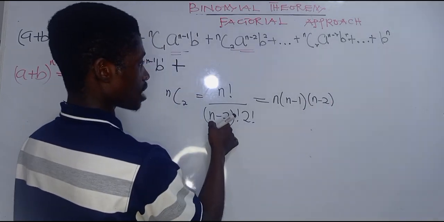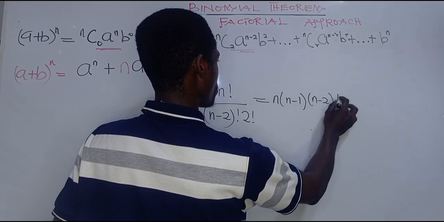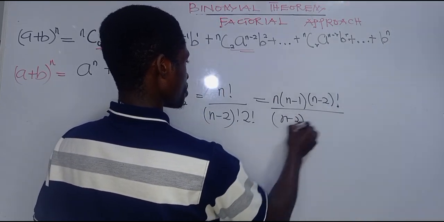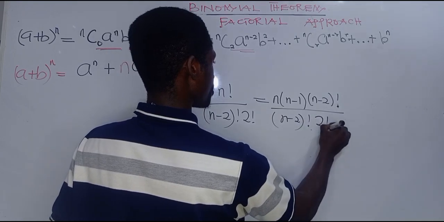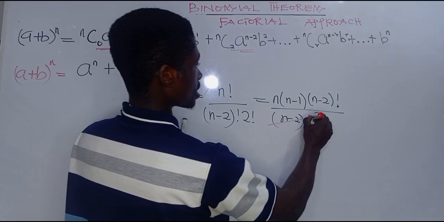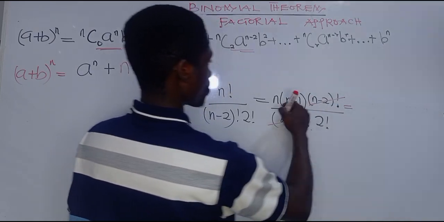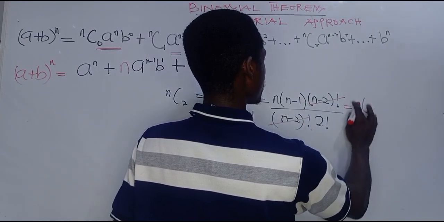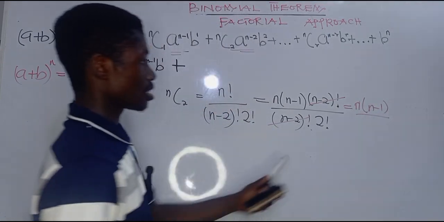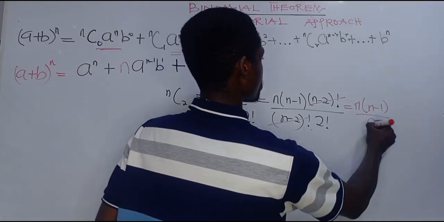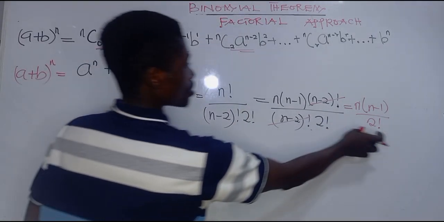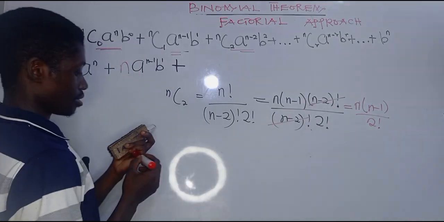Since we have (n minus 2), we can end at this very point. And then we are left with (n minus 2) factorial, and then 2 factorial. So realize that this can cancel this. We are left with what? n times (n minus 1) all over what? 2 factorial. So in place of n combination 2, we are going to write the whole of that.